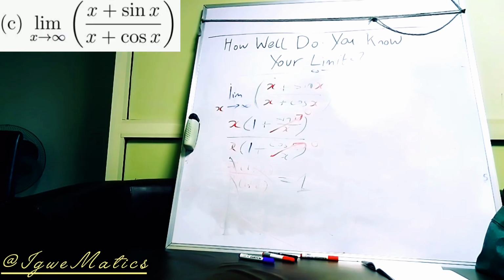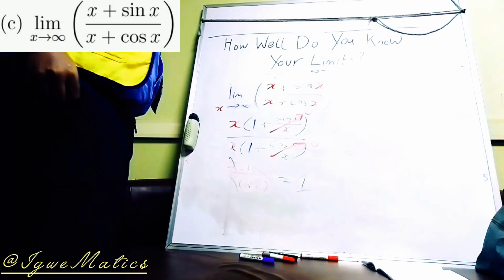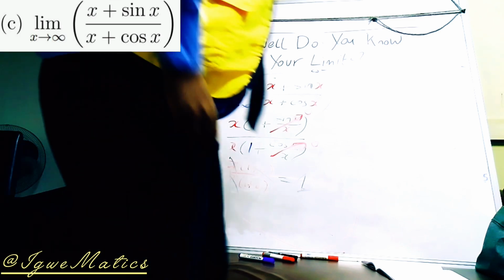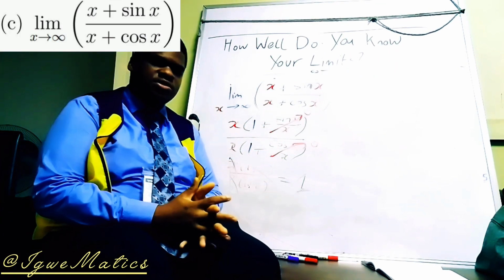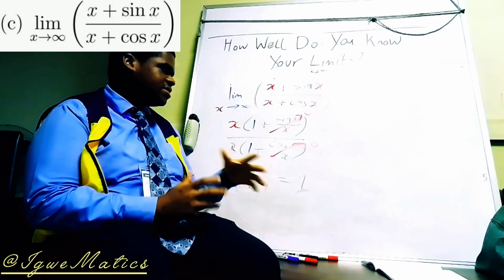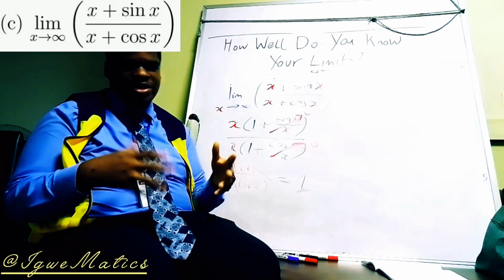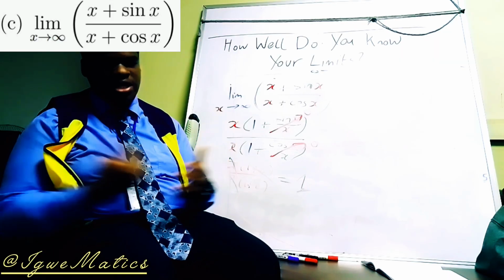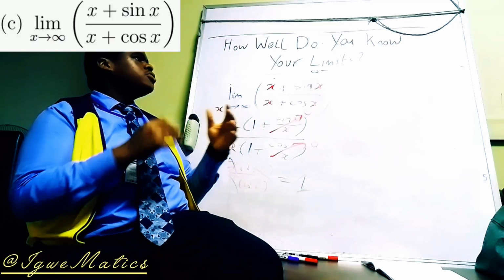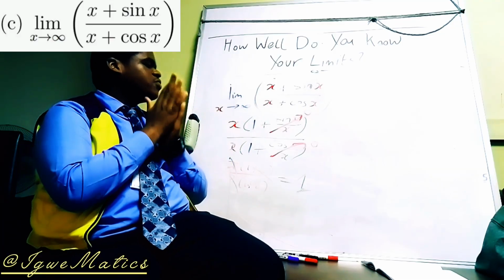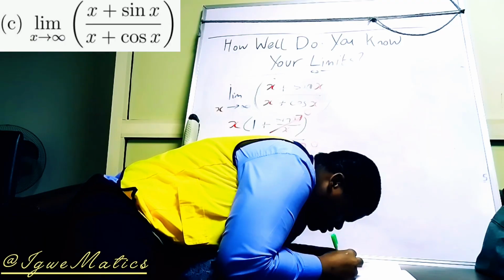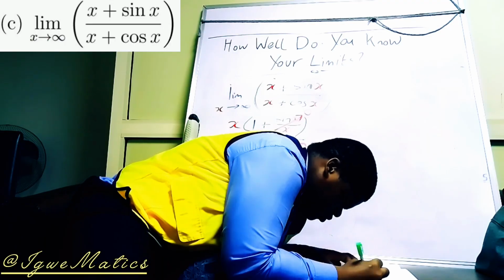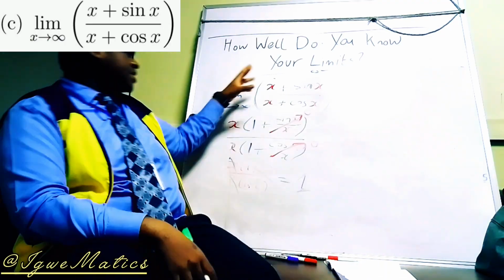Okay, what else can I say about this question? I'm still looking, because what I did here was I still applied the theorem. I did not fully do algebra. I still applied that hypothetical guess of sin x over x as x tends to infinity. I'm still looking if there's a way of doing this purely by algebra, maybe by multiplying here by something.